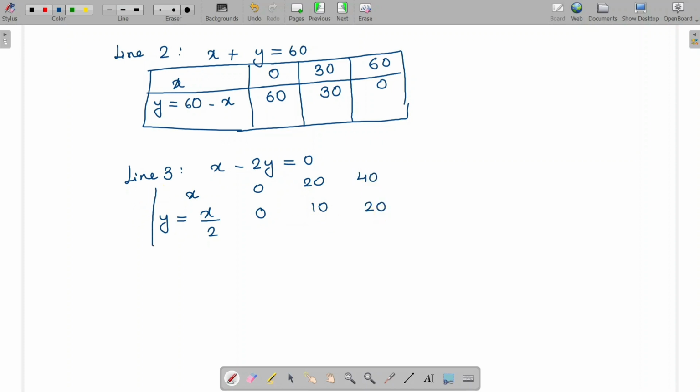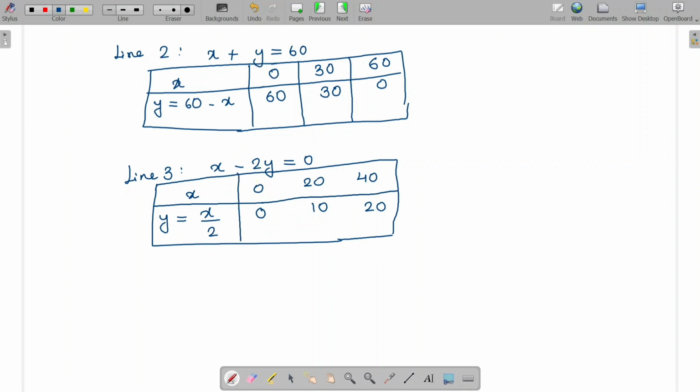Okay, so this is the line 3 table. And line 4 is x equal to 0, which is the y axis. Line 5 is y equal to 0, which is the x axis.